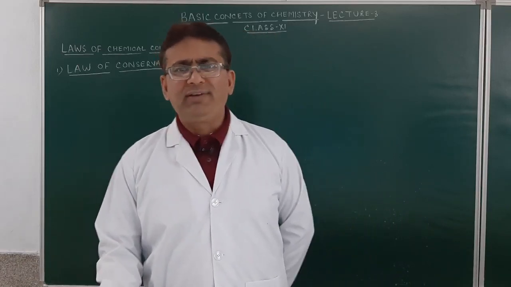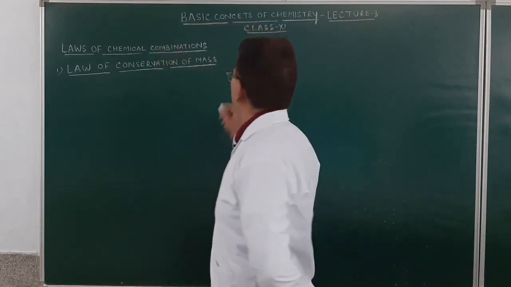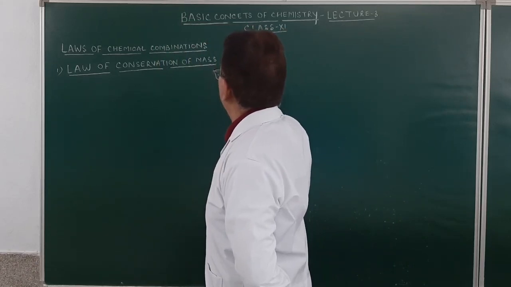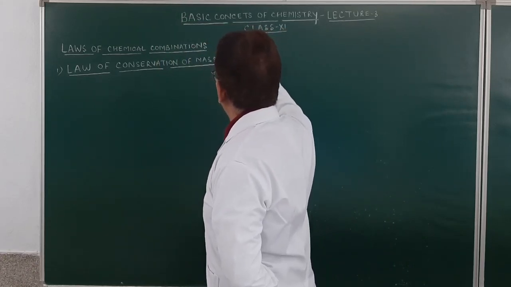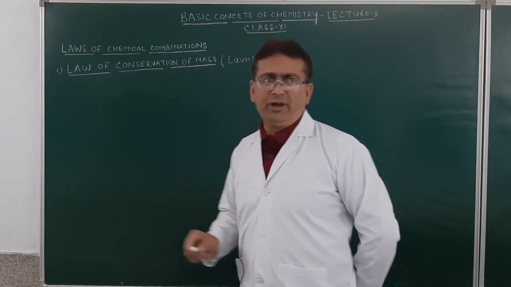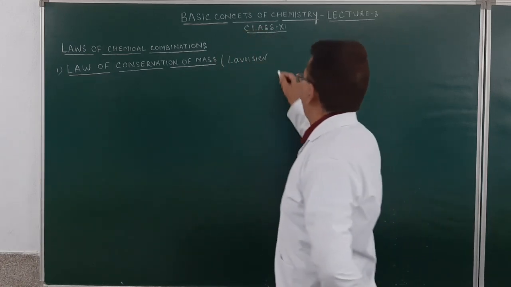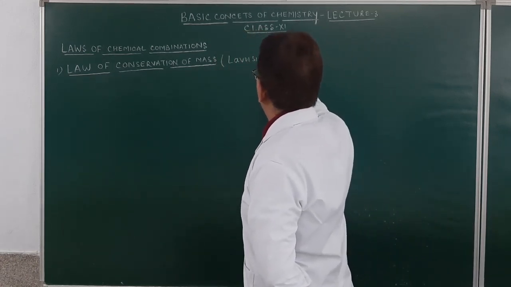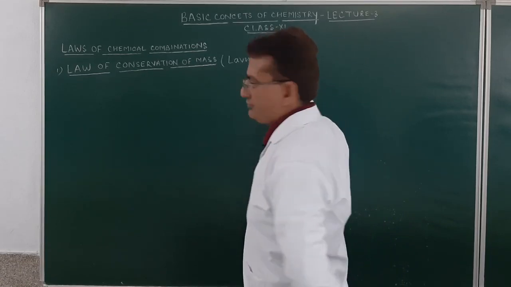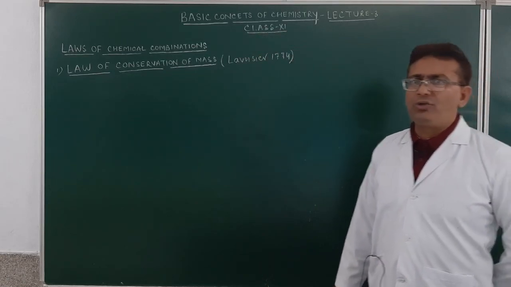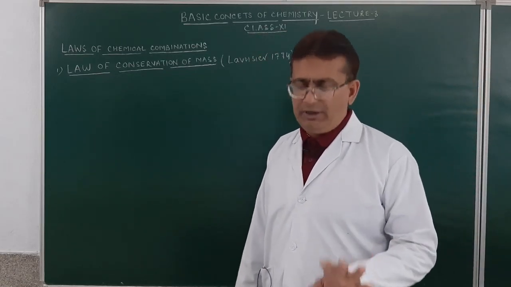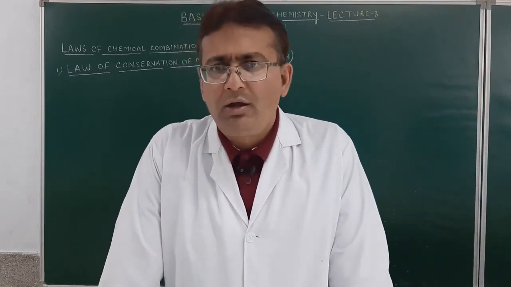This law of conservation of mass was given by the scientist Lavoisier. Who gave this law? The scientist Lavoisier. And when was it given? In the year 1774. Now, what does this law say? You have studied this in the lower class also.